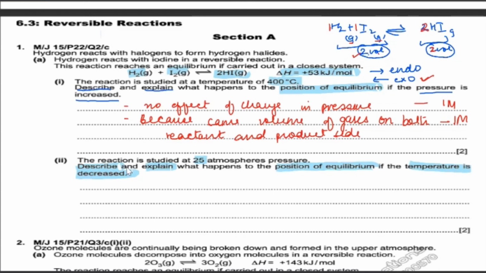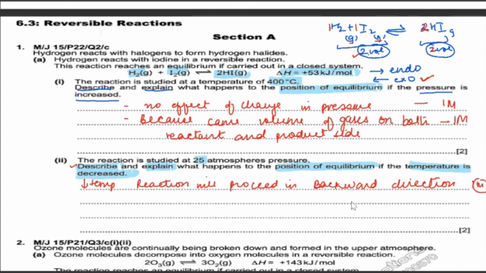So first thing is I'll describe. So I'll say that on decreasing the temperature, the reaction will proceed in backward direction. Now, this is for 1 mark, this is predicting or describing, which is 1 mark.